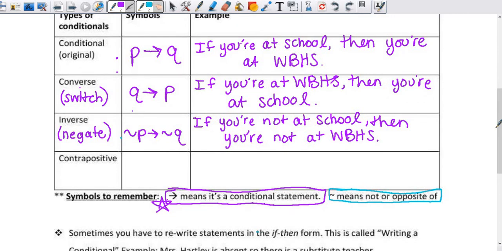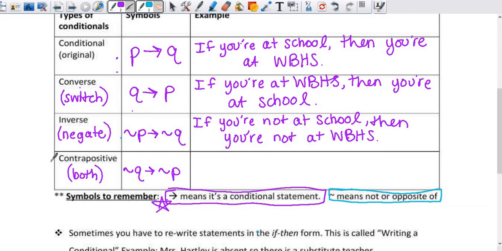All right? And the last one is contrapositive. For the contrapositive, you switch the order and you negate. Okay? So we'll put both. The way I like to remember this is contrapositive, the longest word, so you have the most to do. You've got to do all of it, switch and negate.